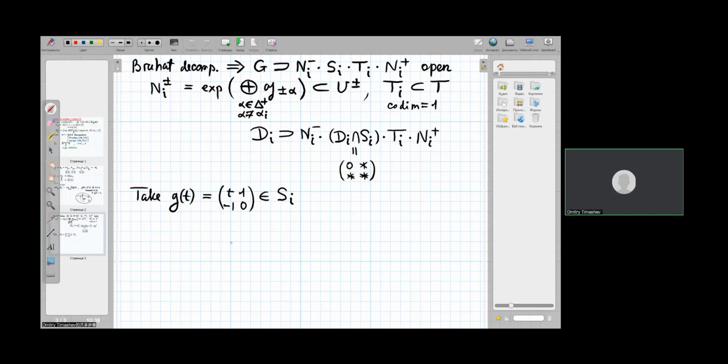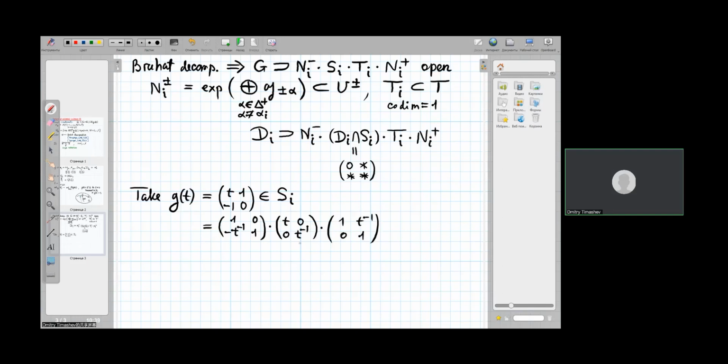And we can rewrite this curve a bit differently, like the product of matrices of the following form. So let me just write it, and you easily check that this equality is true. 1, 0, minus t inverse, 1, times t, 0, 0, t inverse, times 1, t inverse, 0, 1.